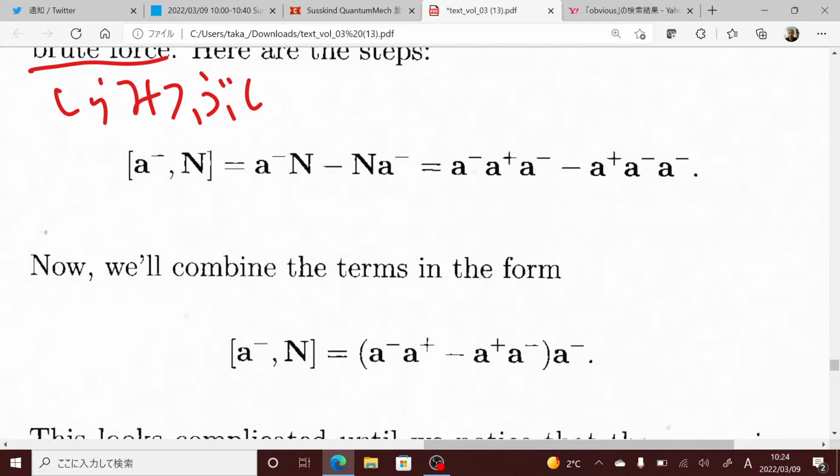Now we will combine the terms in the form a minus a plus minus a plus a minus, times a minus.